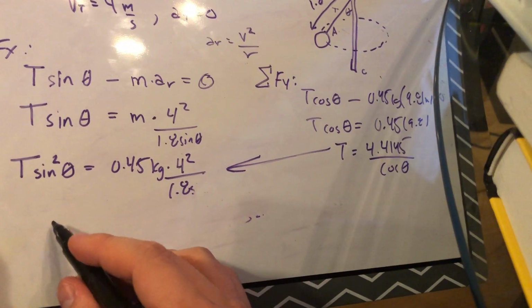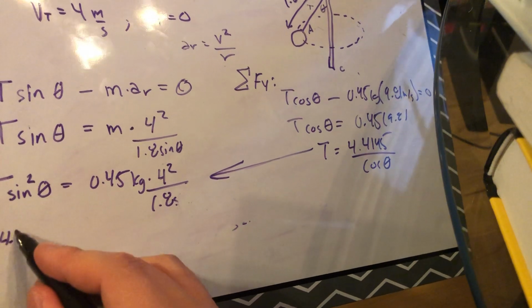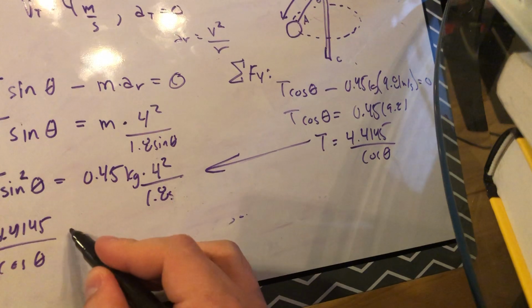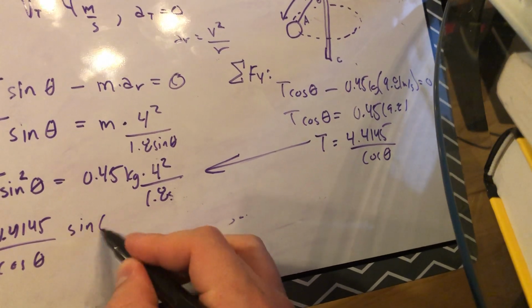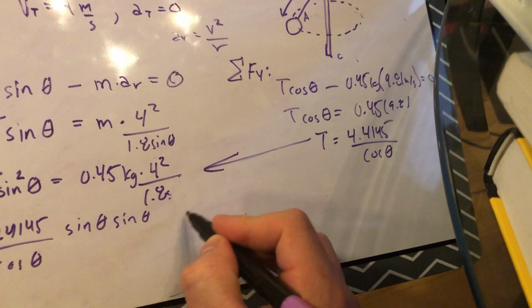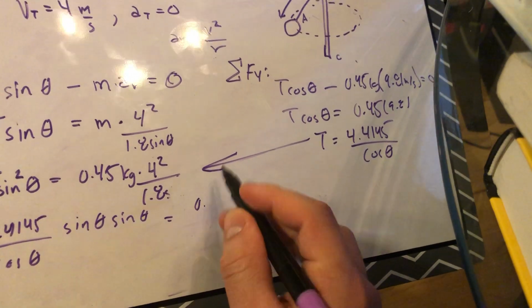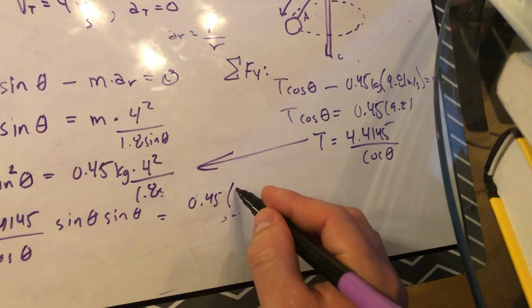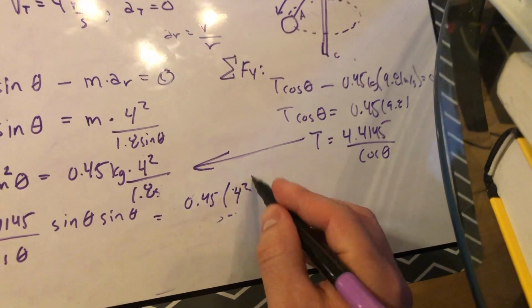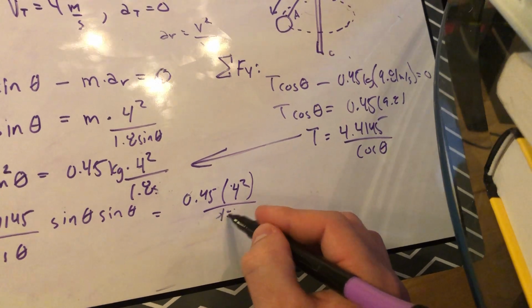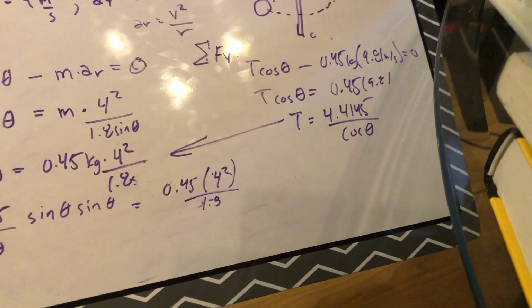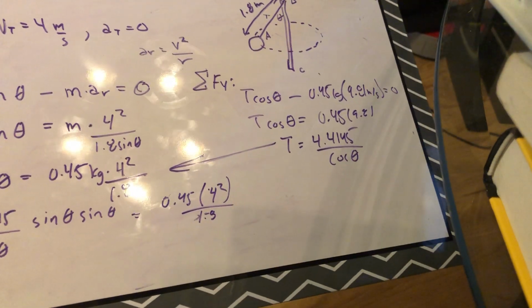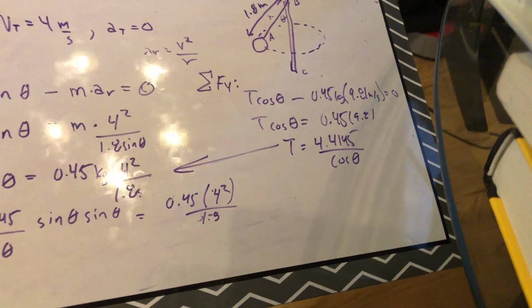So it's going to be 4.4145 over cos theta, sine theta, equals 0.45 times 4 squared divided by 1.8.